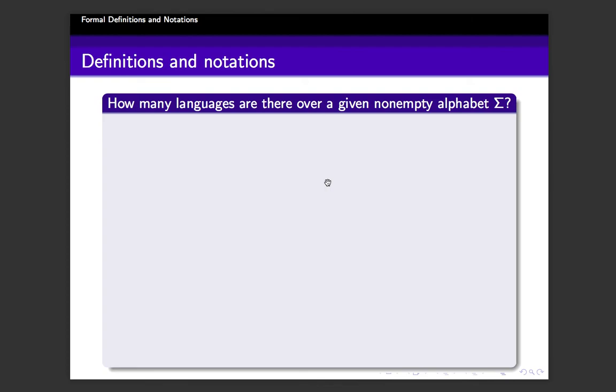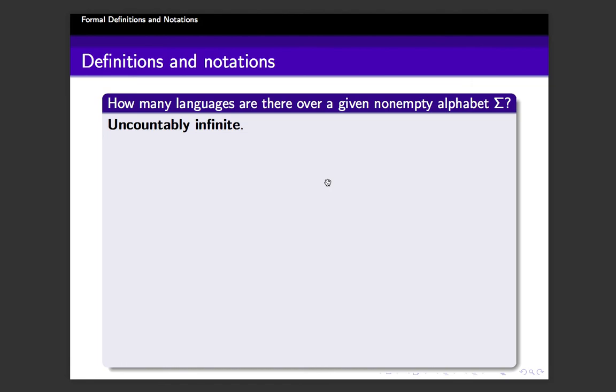Now, a very interesting question. How many languages are there over a given non-empty alphabet set sigma? That is, if you are given a non-empty alphabet set, then what is the cardinality of the set of languages? Its cardinality is actually uncountably infinite.